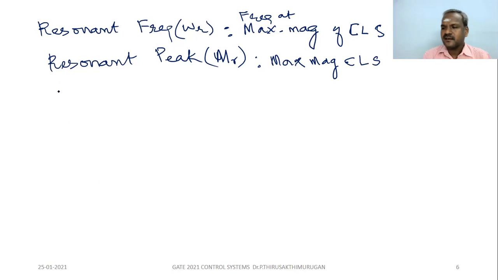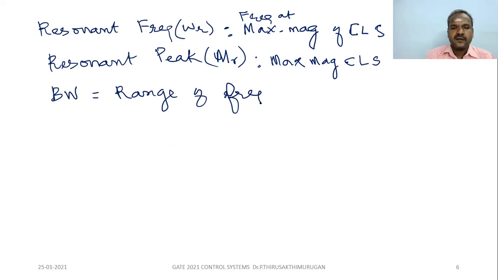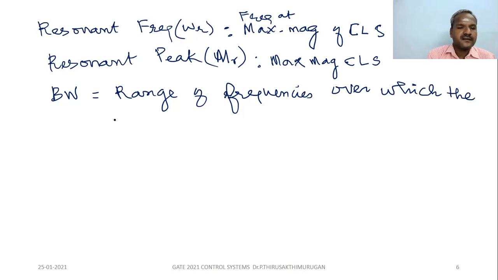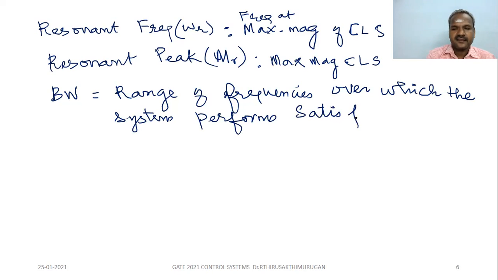What is bandwidth? It is the range of frequencies over which the system performs satisfactorily. Next, cutoff rate.